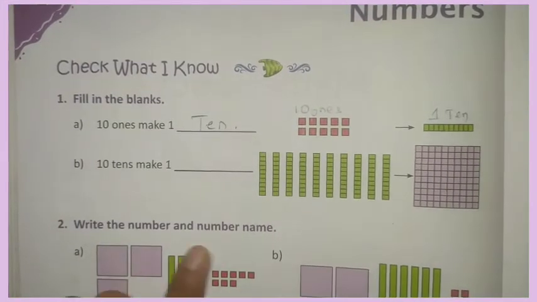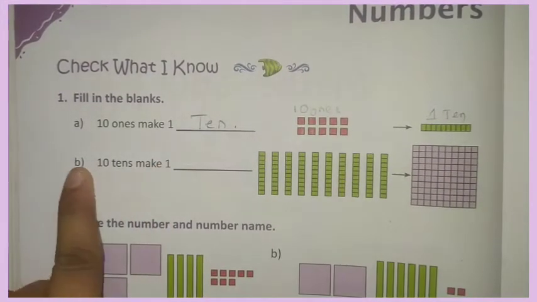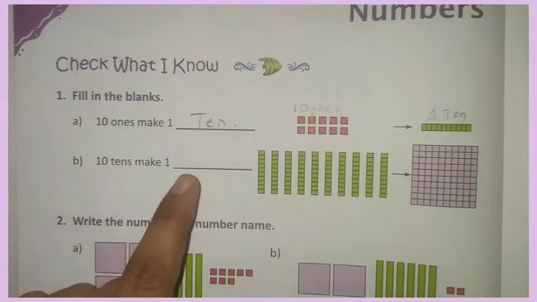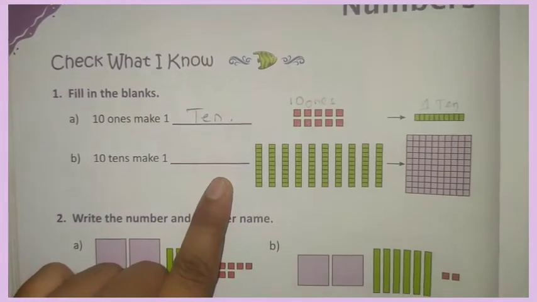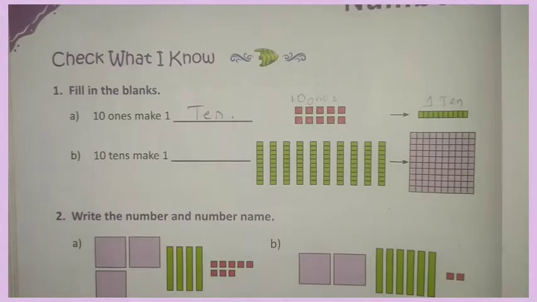Now look here, question B. 10 tens make 1 dash.